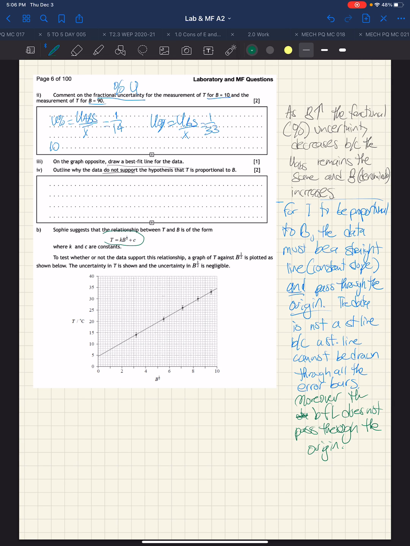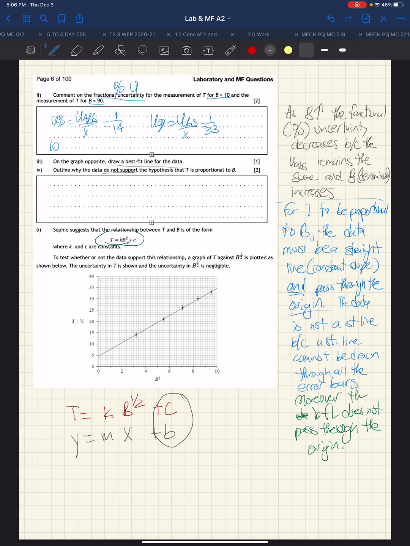We have this question here, we're given a function. Whenever we're given a function like that, the first thing we should try to do is see if we can make it a line. So we rewrite the equation down below, which is T equals K B to the 1/2 plus C. And we want to know if that's a line, so y equals mx plus b.